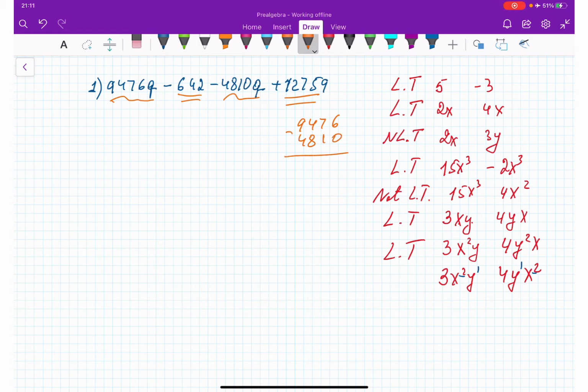To subtract, I do 6 minus 0 is 6. 7 minus 1 is 6. Now 4, I can't do minus 8. I'm borrowing from this 9, and here will be left 8, right? 14 minus 8 is 6. 8 minus 4 is 4.